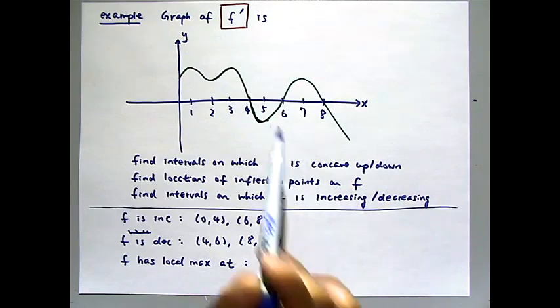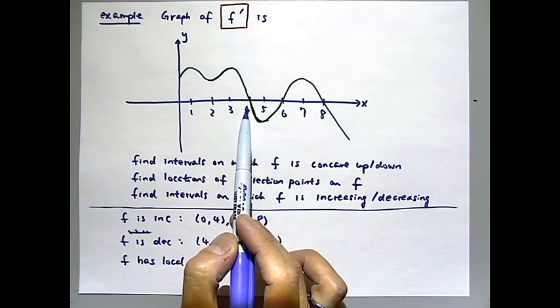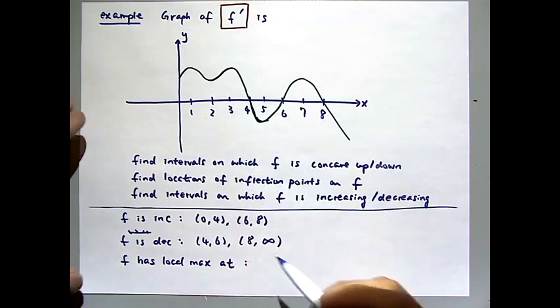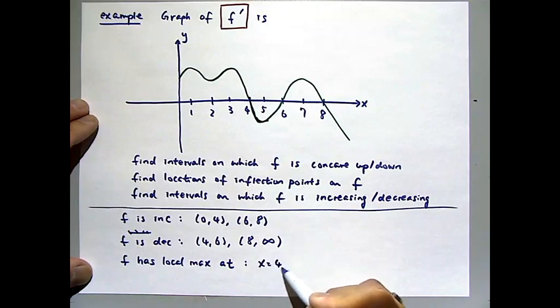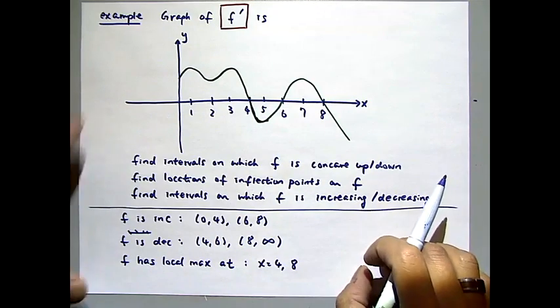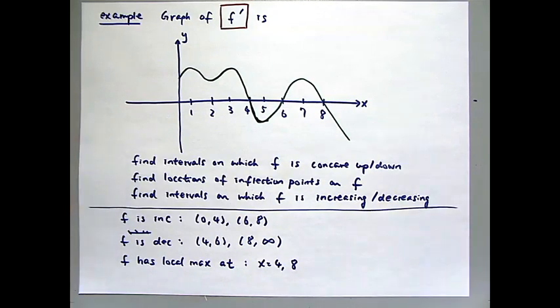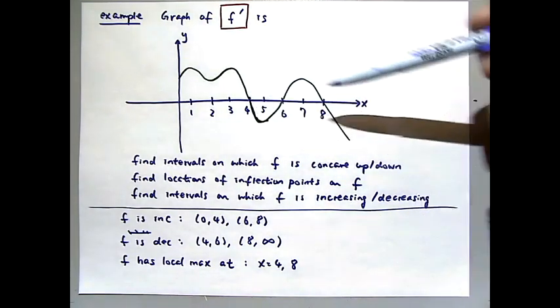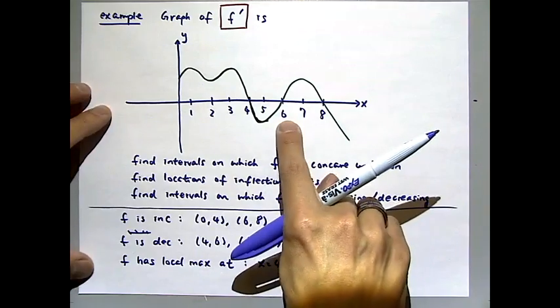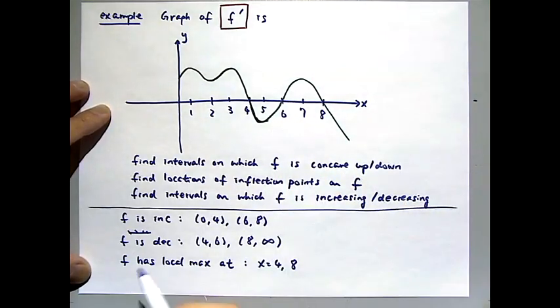So that occurs at 4 and 8. f prime goes from positive to negative here and here. What about 6? What's going on here? Min, okay. Local min at x equals 6.